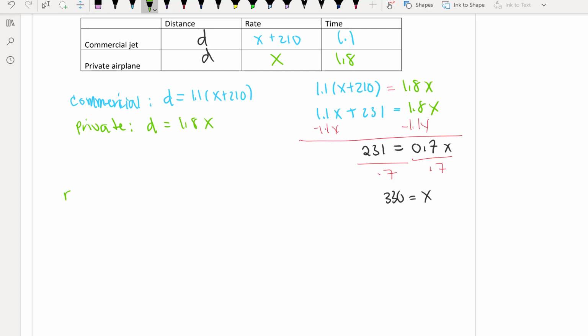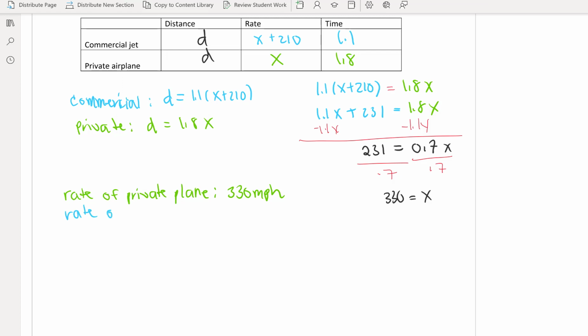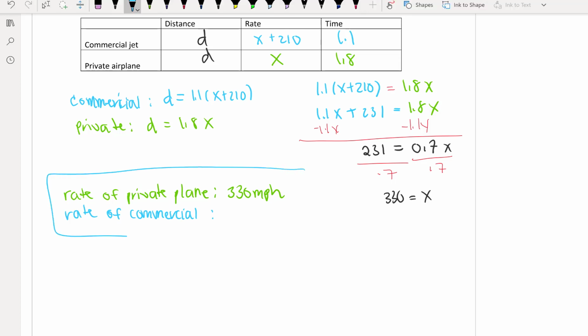So I'm going to have rate of private plane is 330 miles per hour. And the rate of the commercial plane is, remember, and I'm going to go ahead and circle this, remember, the rate of the commercial was going to be x plus 210.